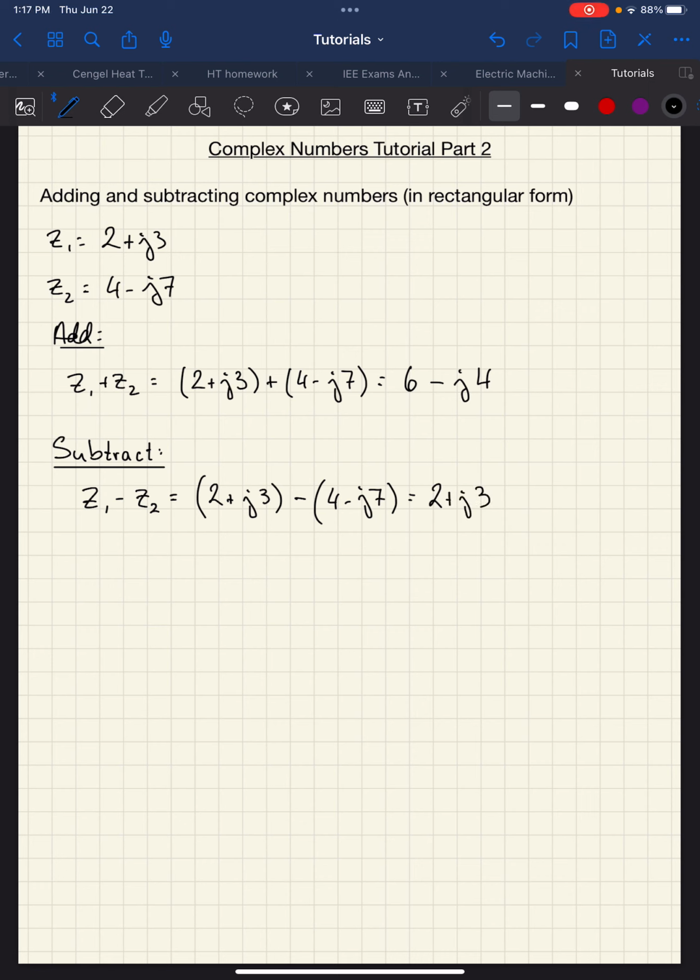That minus sign is going to infiltrate, so you get minus 4, and then the minus j7 is going to become positive j7. So here we're going to get, as you expect, minus 2 plus j10. That's it. Very straightforward, very easy.